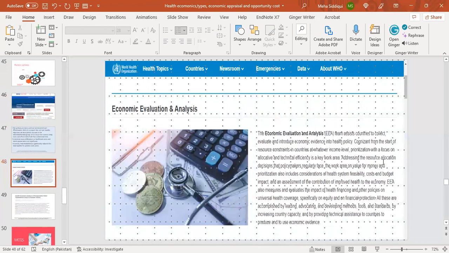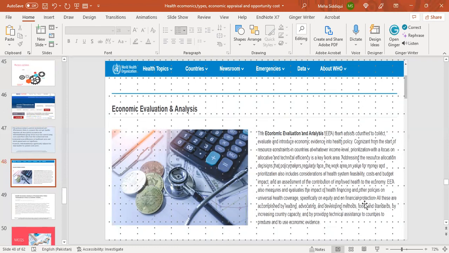Economic evaluation and analysis. The economic evaluation and analysis team assists countries to collect, evaluate, and introduce economic evidence into health policy, cognizant from the start of resource constraints in countries at whatever income level. Prioritization with the focus on allocative and technical efficiency is a key work area addressing the resource allocation decisions that policymakers regularly face.